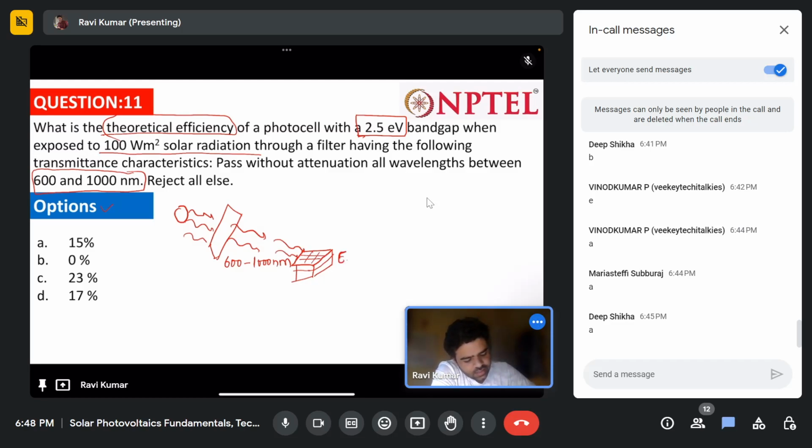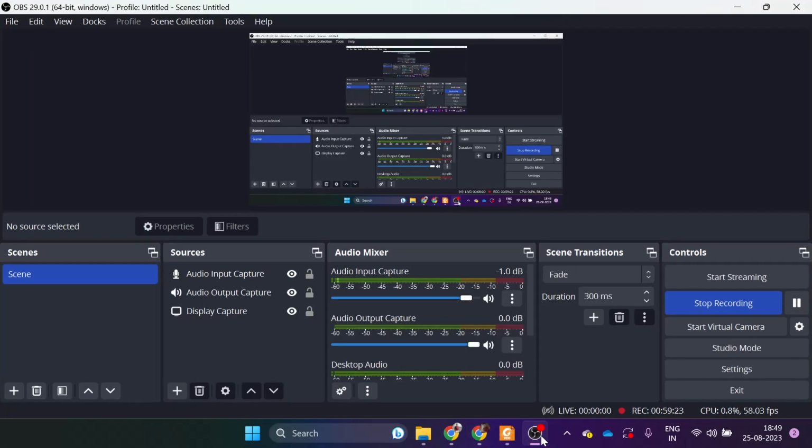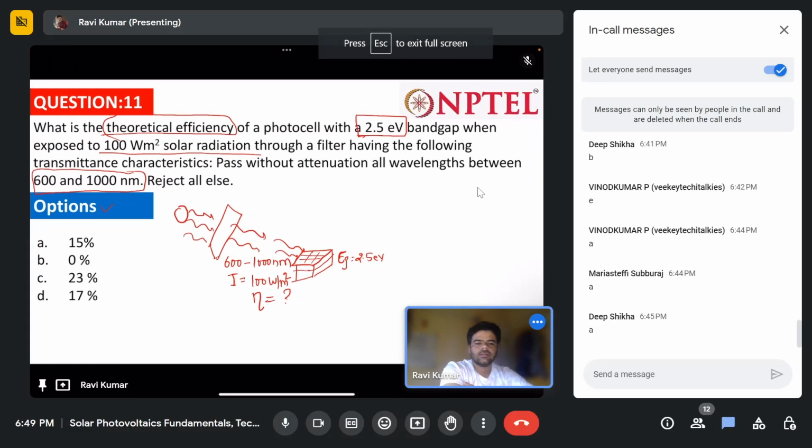The band gap here is 2.5 electron volt, and the radiation insolation is 100 watt per meter square, and you need to tell me the efficiency, eta. If you want to ask anything, ask in the chat box.